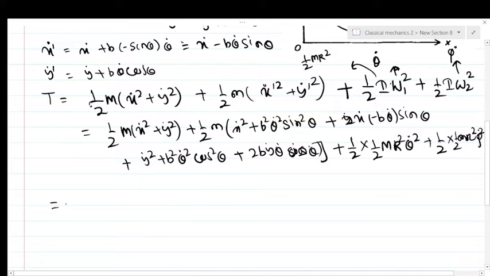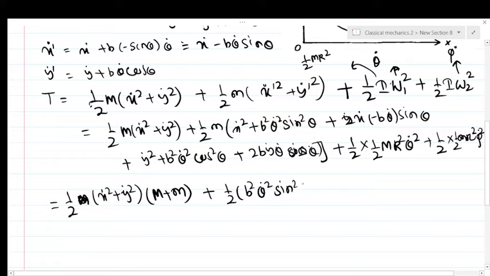If you simplify this, then the terms will be half capital M plus small m times x dot square plus y dot square, plus half b square theta dot square sin square theta minus 2 x dot b theta dot sin theta plus b square theta dot square cos square theta.